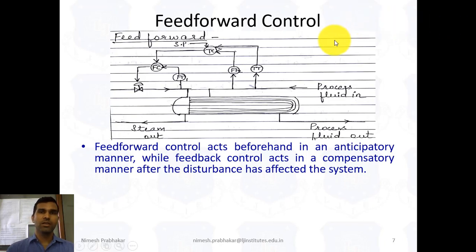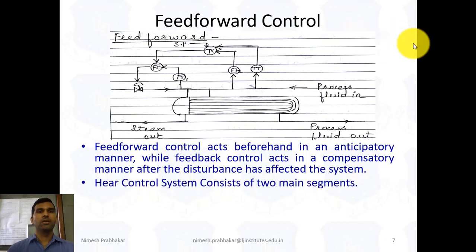That means this is the advantage of feed forward control, that it acts in an anticipatory manner, while the feedback controller acts in a compensatory manner.